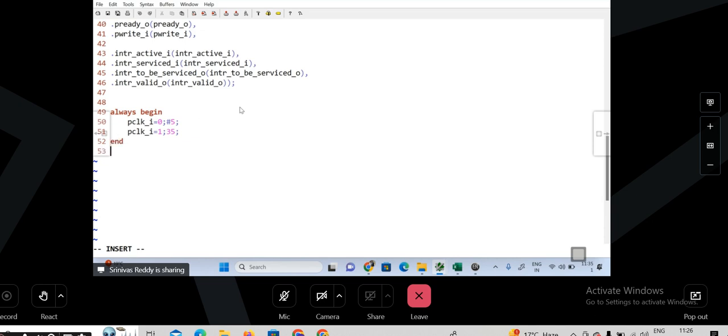What I need to do? Call the task. Write task. What are the arguments I'm passing? Address and priority data. So let us pass i comma i first. If I pass i comma i, what happens here?